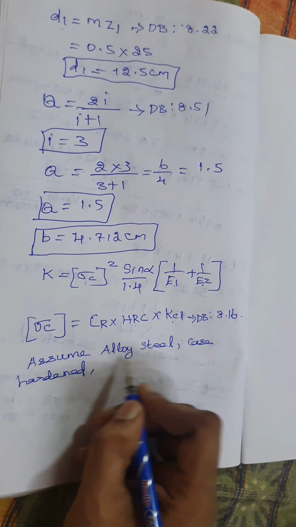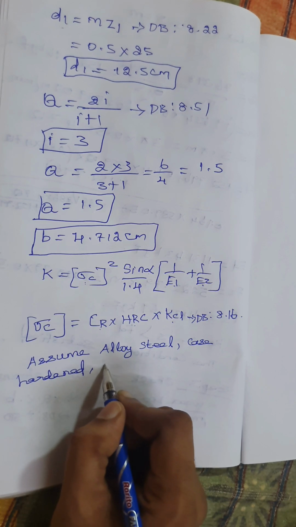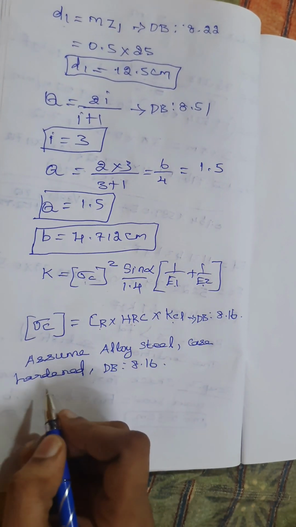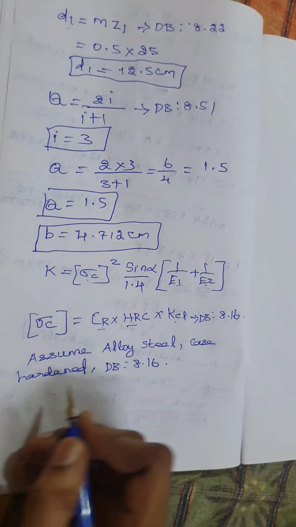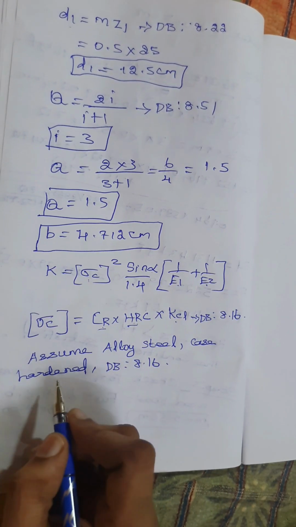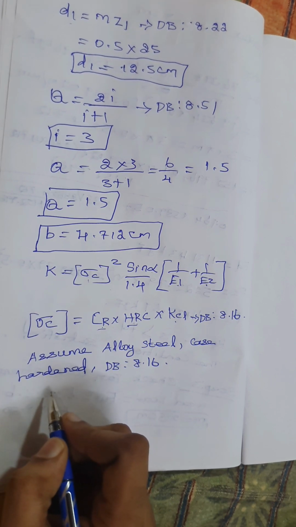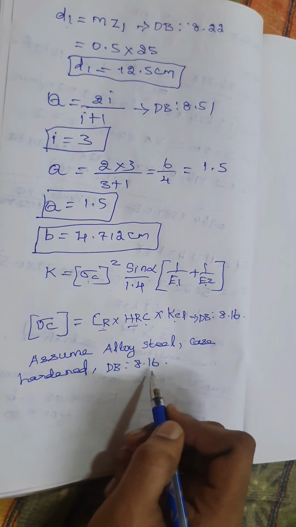For this particular criteria, by referring to data book page number 8.16, we can find the values of CR and HRC, and KCL.